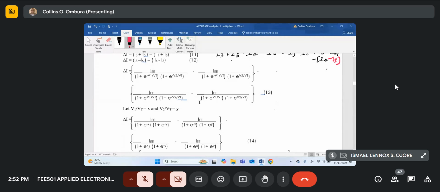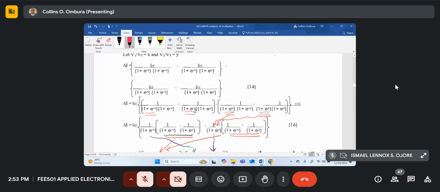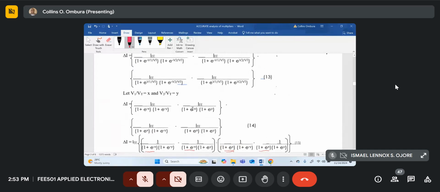Now there are so many variables over here. So to make sure we don't make a mistake, let's use the substitution that V1 over Vt equals X and V2 over Vt equals Y, so that the equations look a bit simpler for us, so we don't make mistakes with too many variables.